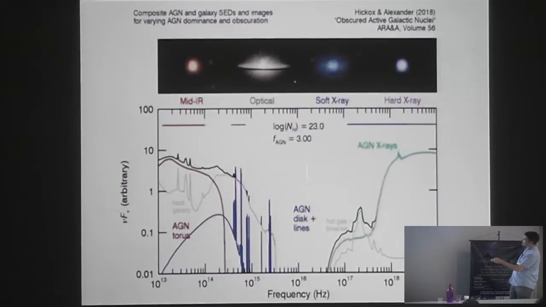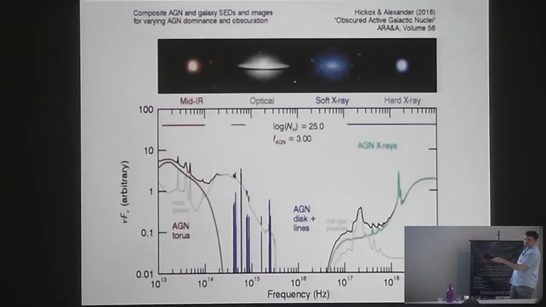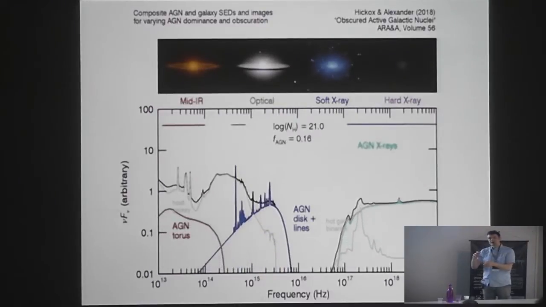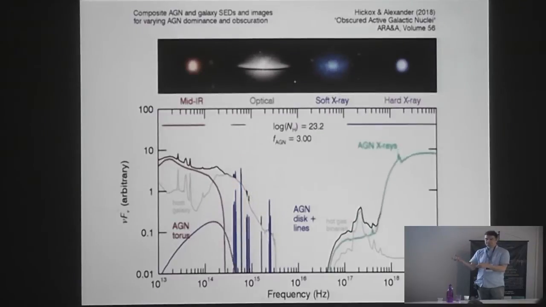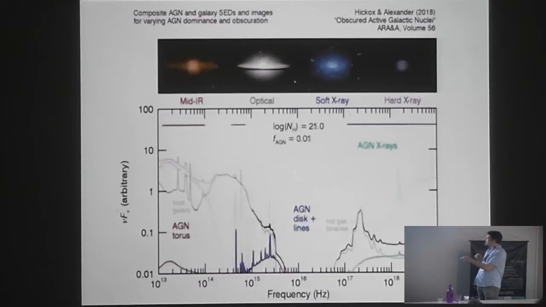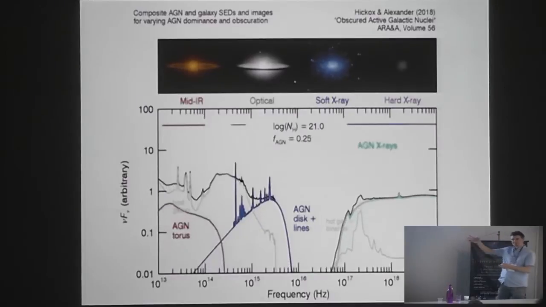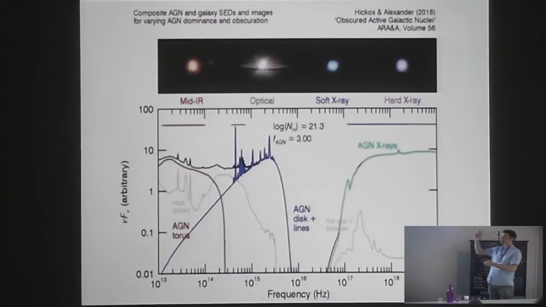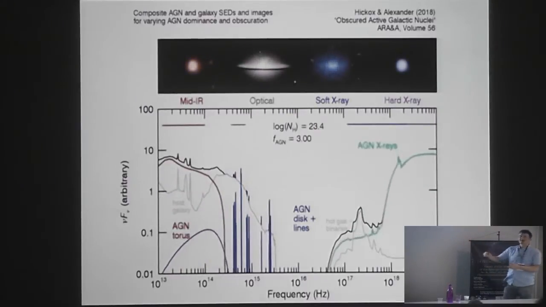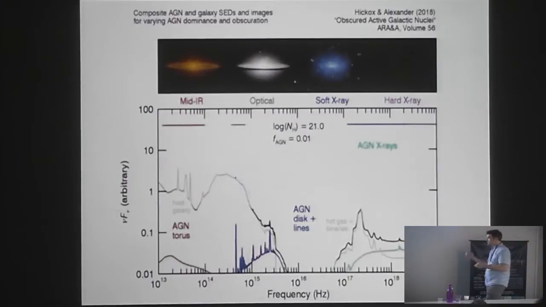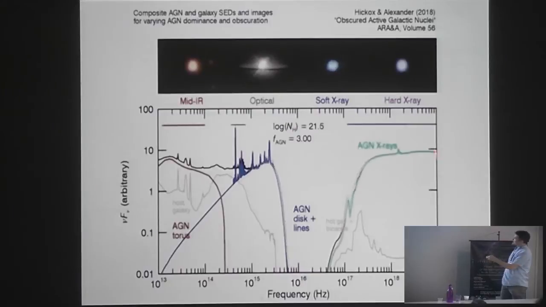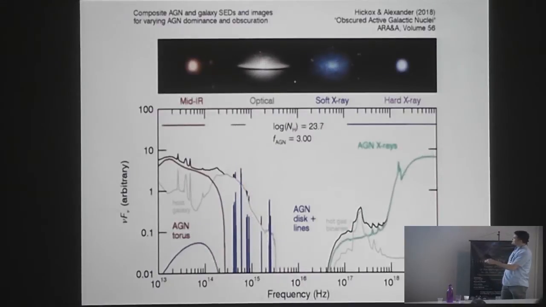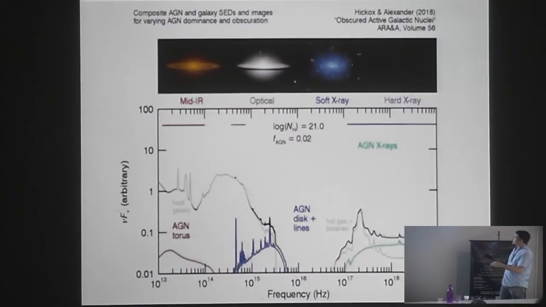You just don't see it at all in the very soft X-rays. And a column density of 10 to the 21 is about a visual magnitude of extinction of about 1. So 1 magnitude of extinction equals roughly 10 to the 21 inverse square centimeters of column density of neutral hydrogen. So there's a huge contrast here, which is good, 2 or 3 orders of magnitude, which is very useful.